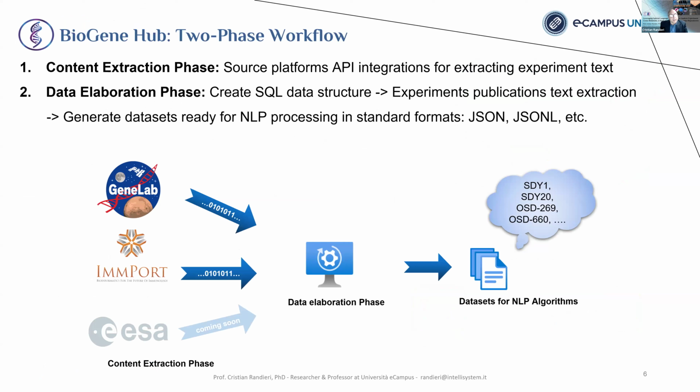And the second one is the data elaboration phase. Essentially, it creates a SQL data structure, extracts the publication text from the experiments, and lastly, generates the dataset ready for NLP processing in standard formats such as JSON, JSON-L, and others that we can implement in the future.